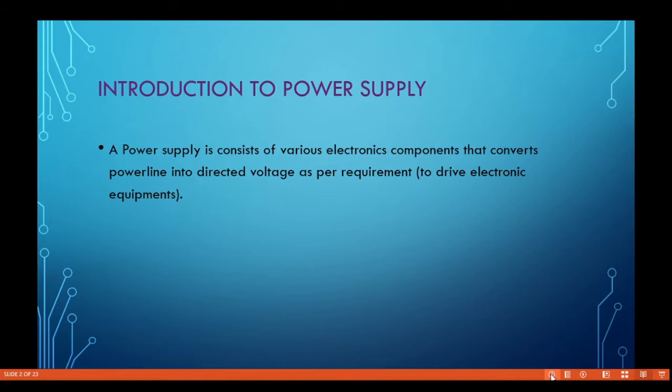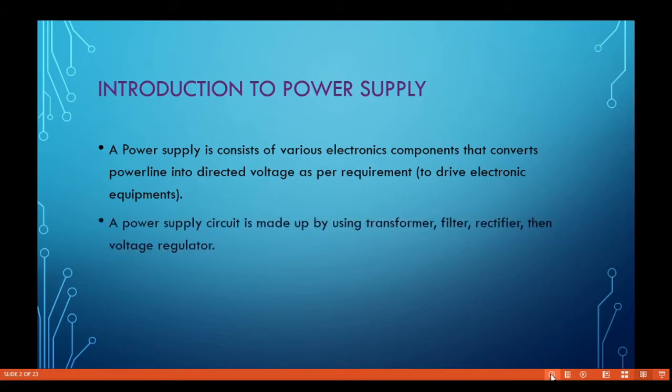A power supply converts the power line that comes into your households from the nearby transformer. It converts the power line voltage into a DC voltage or a directed form or AC form voltage with the certain requirement you want.